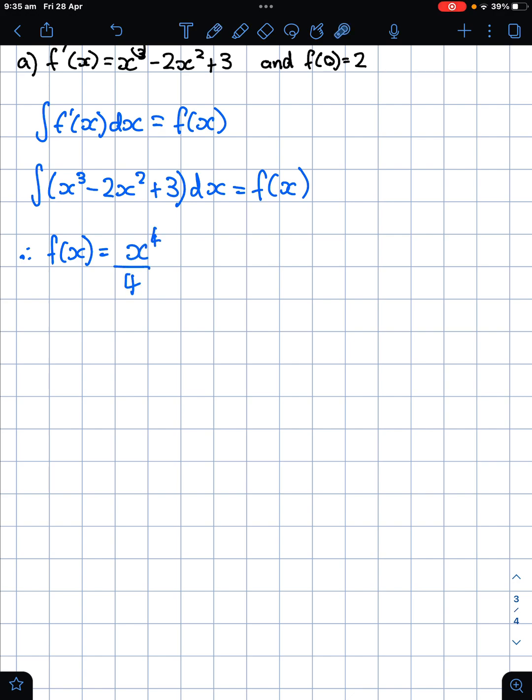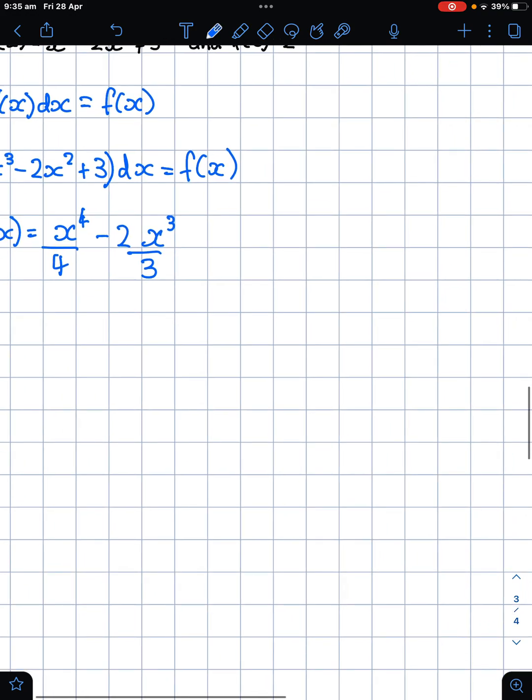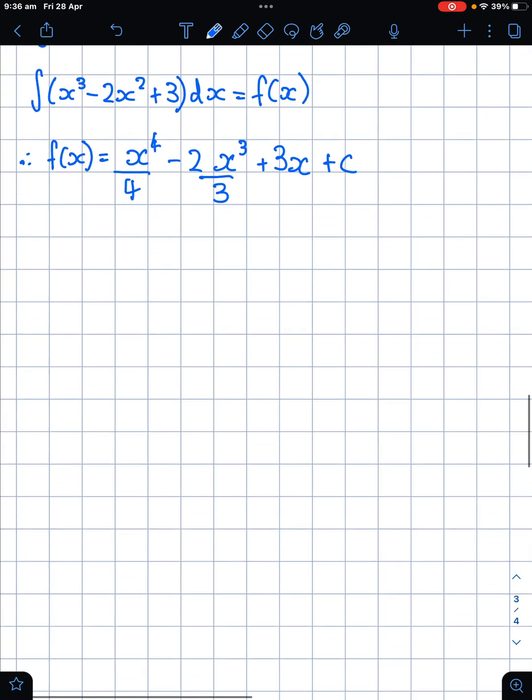So that's the integral of this first term, minus 2x to the 3 over 3. Okay, and then the integral of 3 is plus 3x. And then plus c, a constant. So we've got our function now.